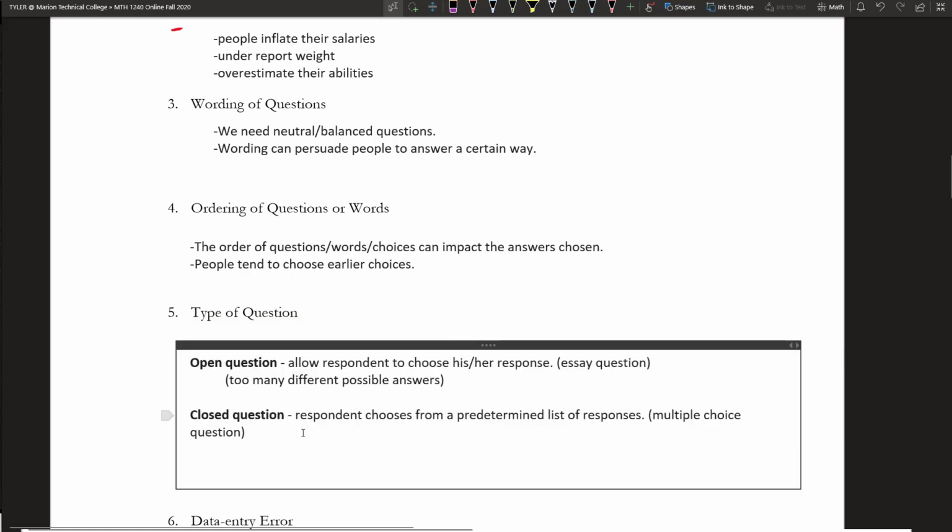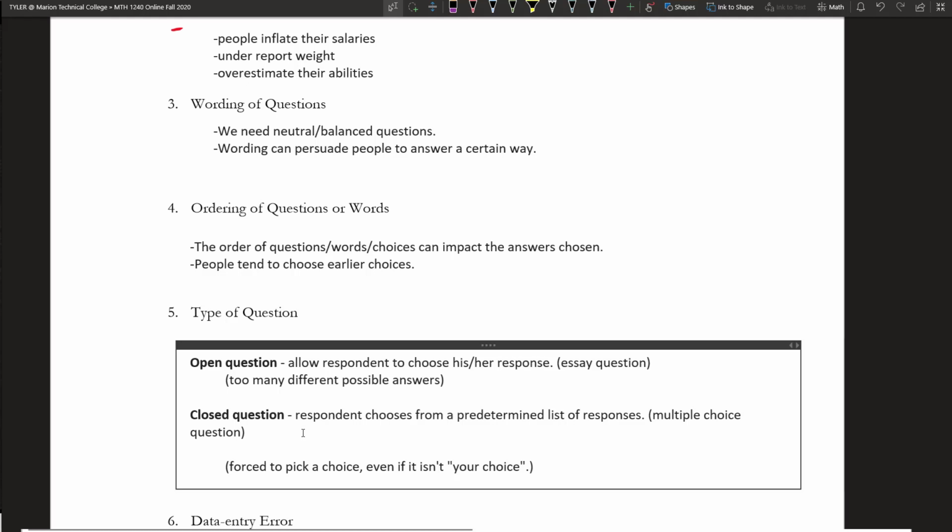But something to keep in mind with a closed question is that you're forced to pick a choice even if it isn't your choice, right? So in other words, you kind of settle for the best choice, but the choice you pick might not actually fully answer the question how you would like, right?